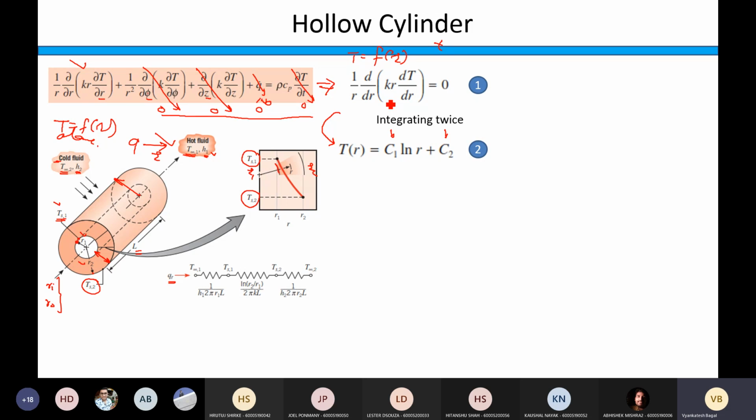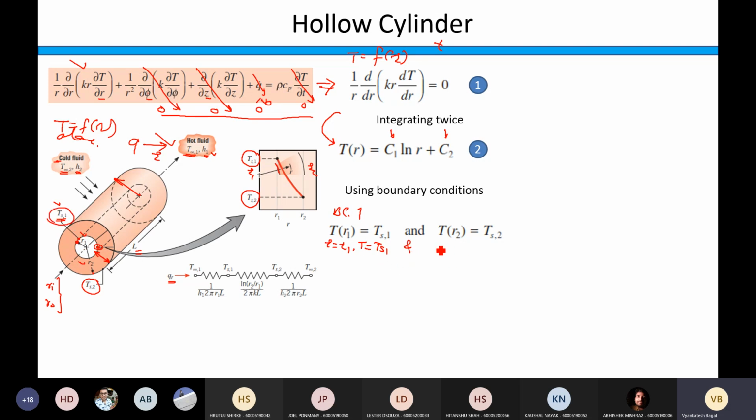Now it is time to find out these constants C1 and C2. So you need two boundary conditions for that, right? Now what are those boundary conditions? The first boundary condition, boundary condition 1, is at R equal to R1, the inner radius here, temperature T is equal to Ts1, correct? So temperature at the inner face is equal to surface temperature 1, Ts1.